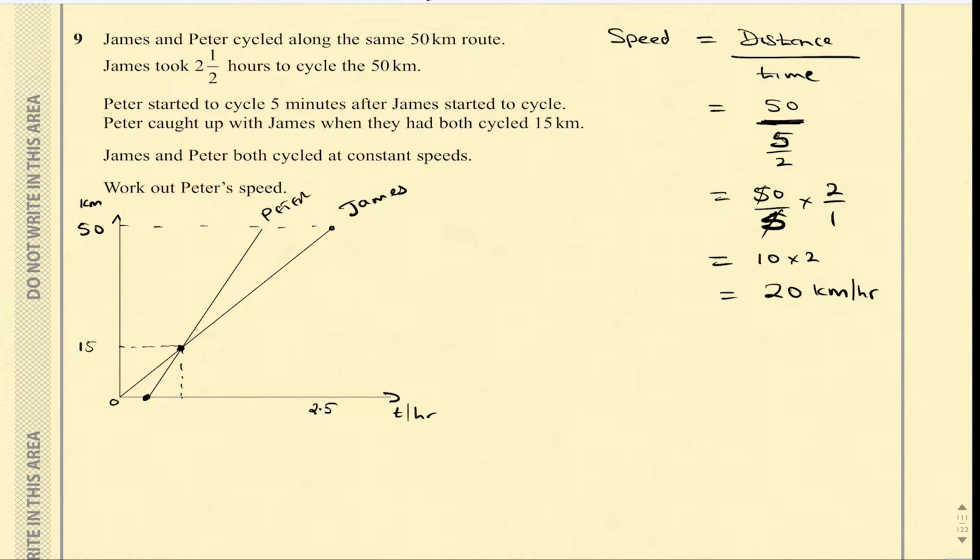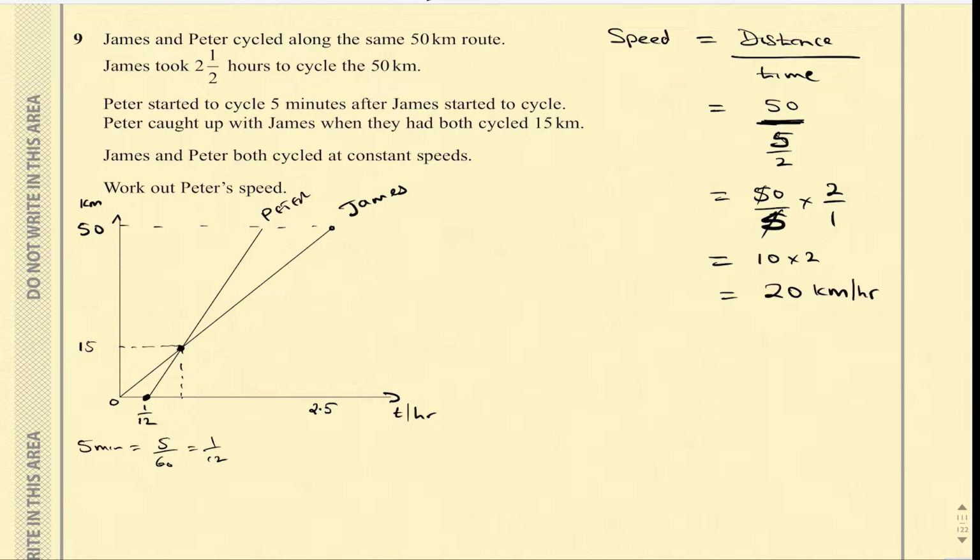And 5 minutes in hours will be 5 over 60, which is 1/12. So this is 1/12. We need to find the time that Peter caught up with James.